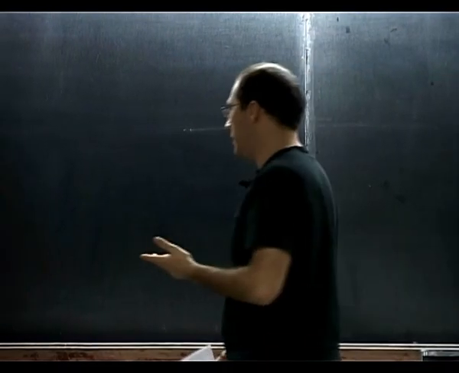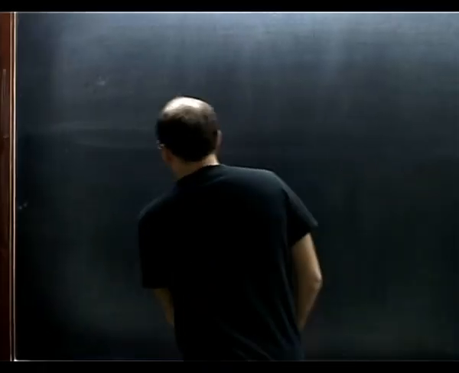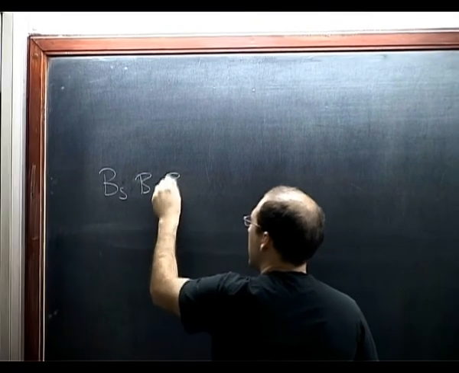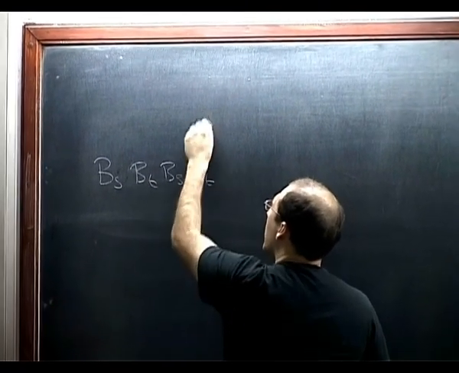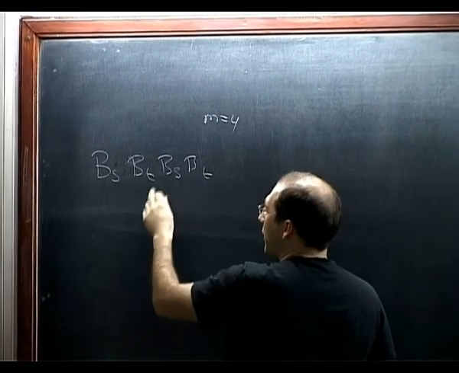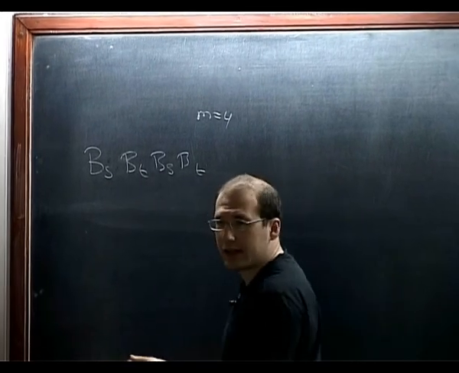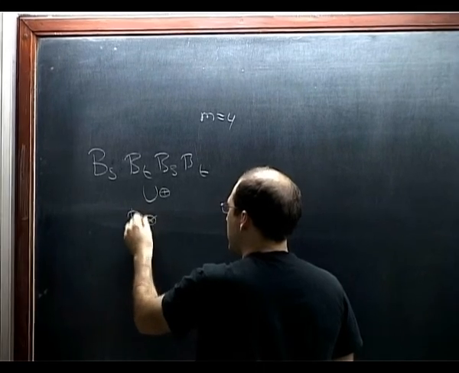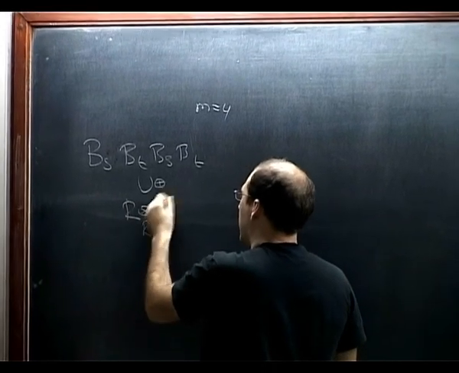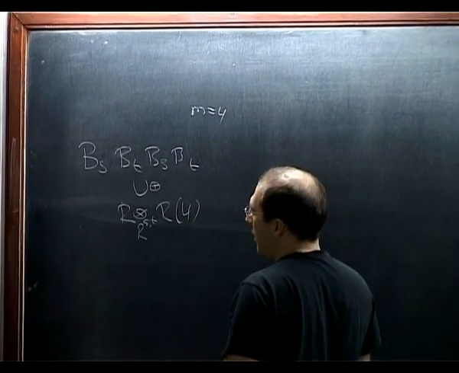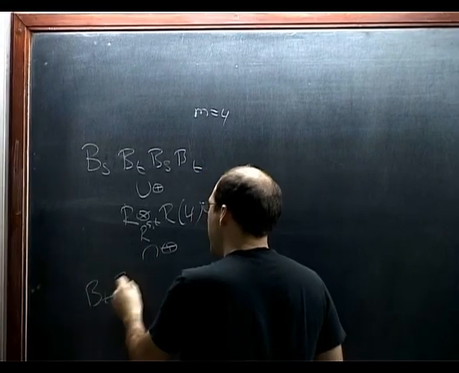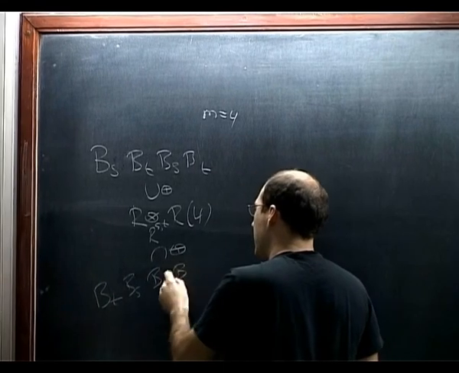Now, why would we do this? I may have said it a couple times, but as an example, for instance, when m is 4, we know that this thing right here is supposed to have as a summand this thing R tensor over R^{st} R with the shift by 4, which is also supposed to be a summand inside, say, BT BS BT BS.